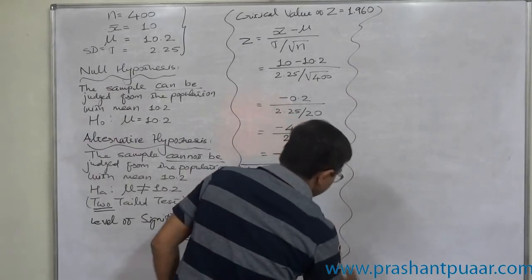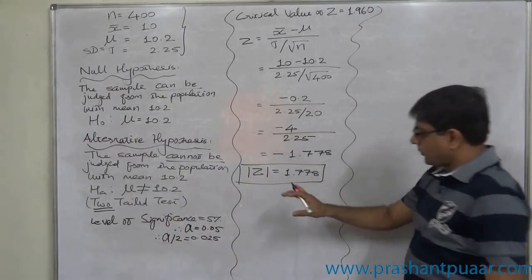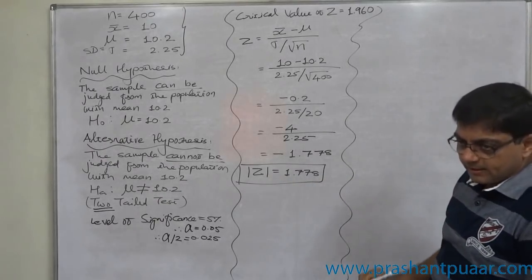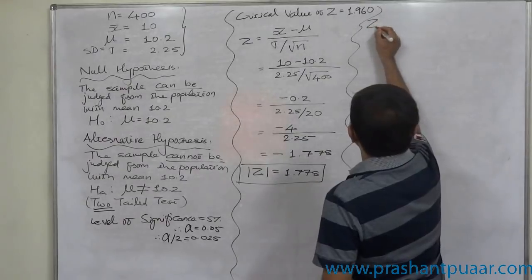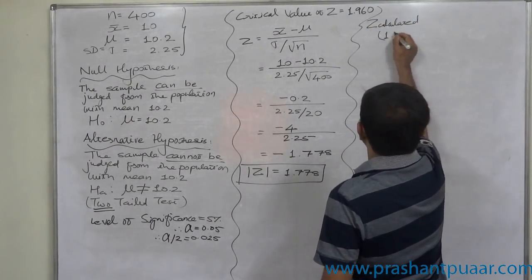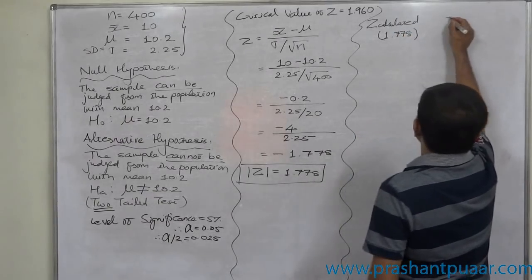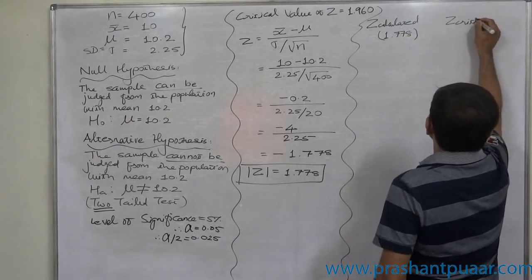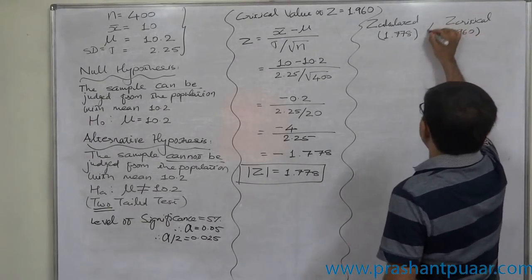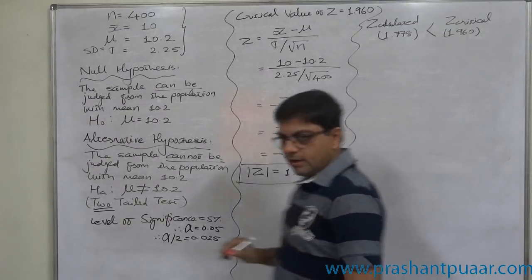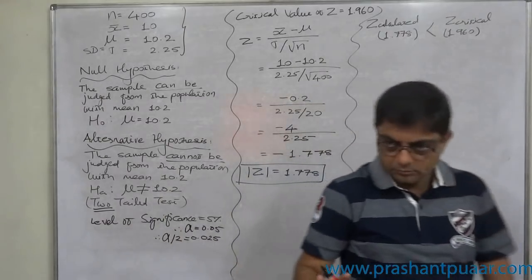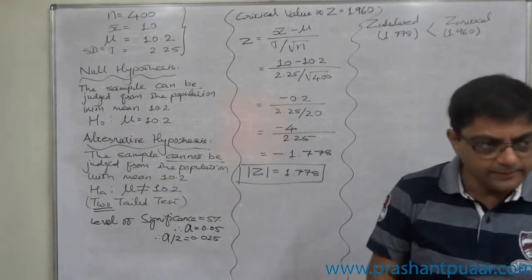Now how to arrive at any conclusion? First of all, for that purpose we have to compare the calculated value and critical value of Z. Z calculated is 1.778. Z critical is 1.960. So we can say that the calculated value of Z is less than the critical value. Clear?